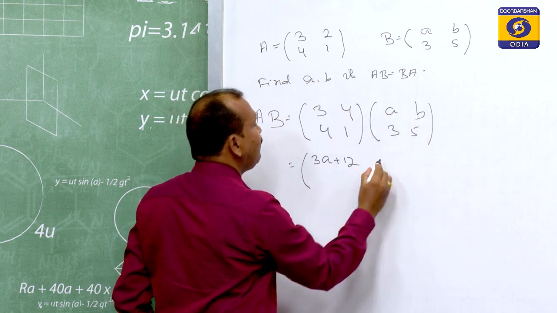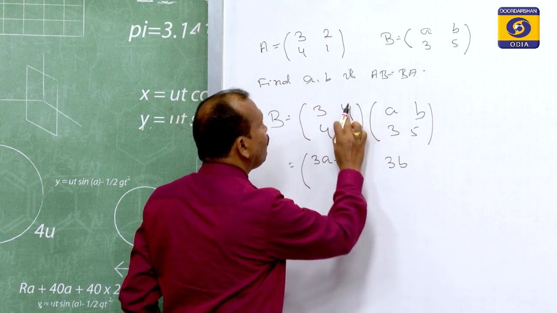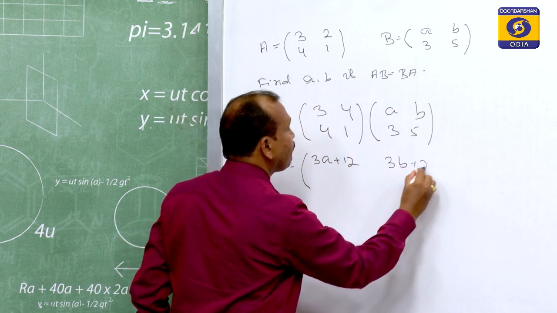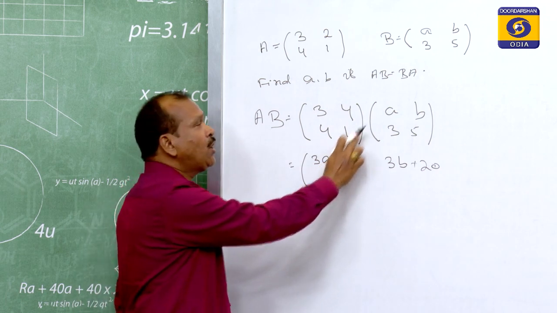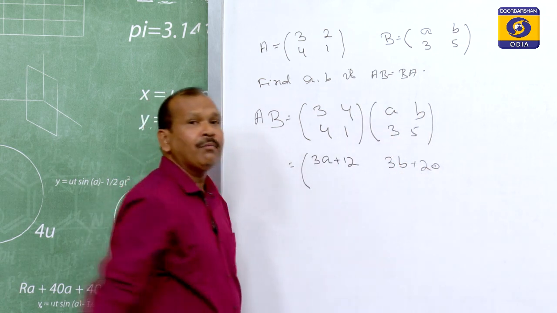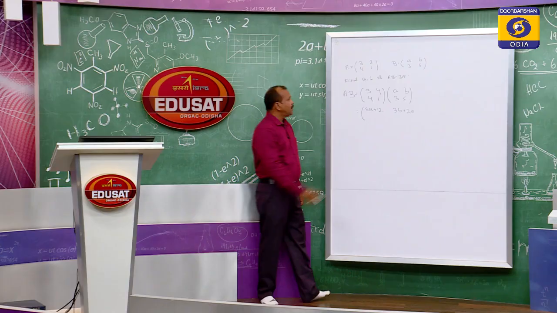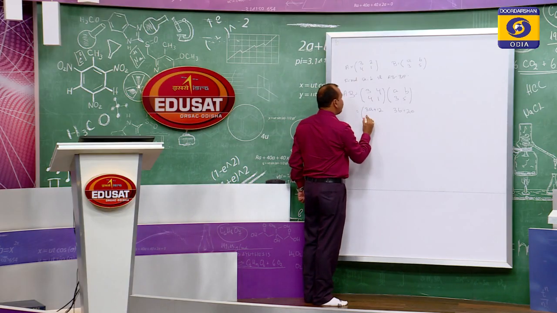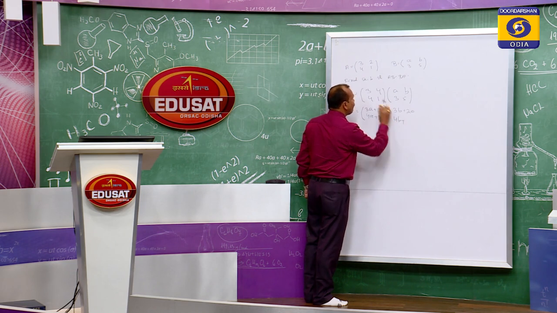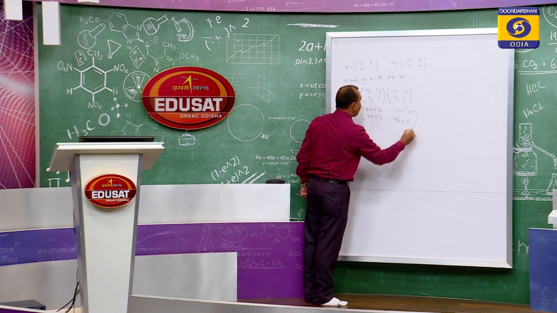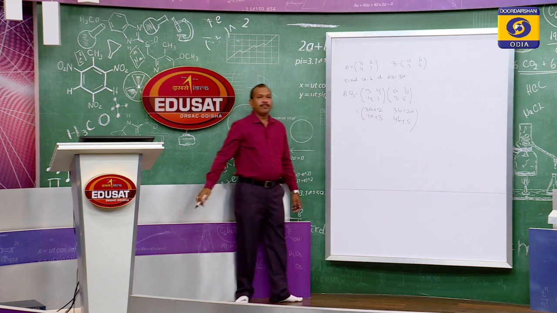Similarly, 3b plus 2 into 5, that is 3b plus 10. Then the second row of the first matrix with the first and second columns: 4a plus 3, and similarly 4b plus 5. That becomes AB.